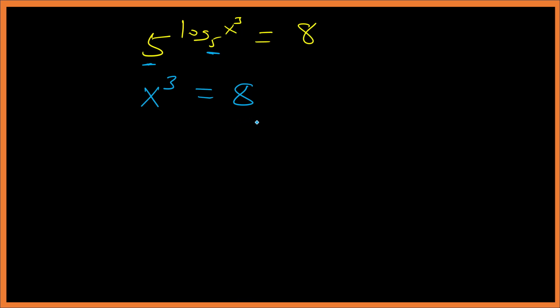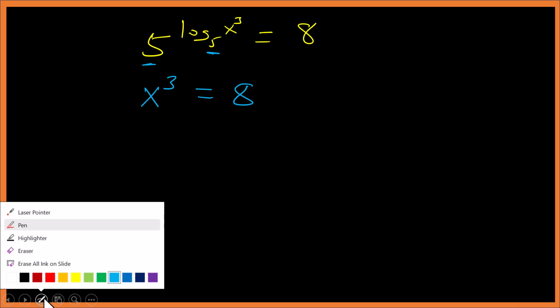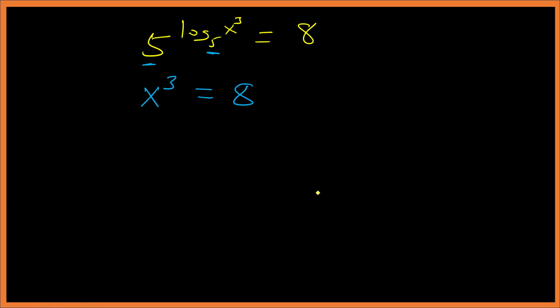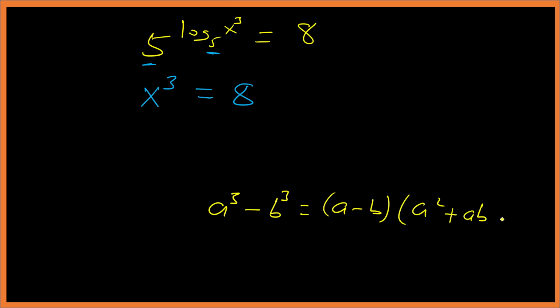All right. Now let's see if we can perform the difference of cubes. When we are given a cubed minus b cubed, it's the same as a minus b, a squared plus ab plus b squared. So we call this one difference of cubes.